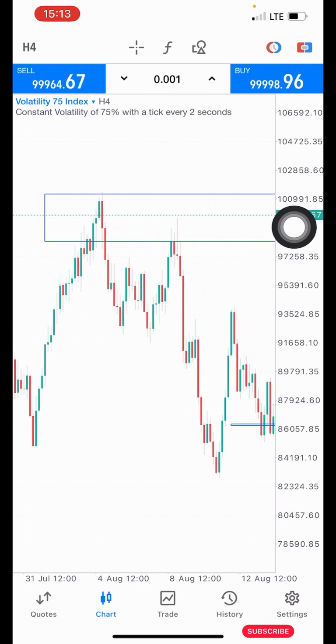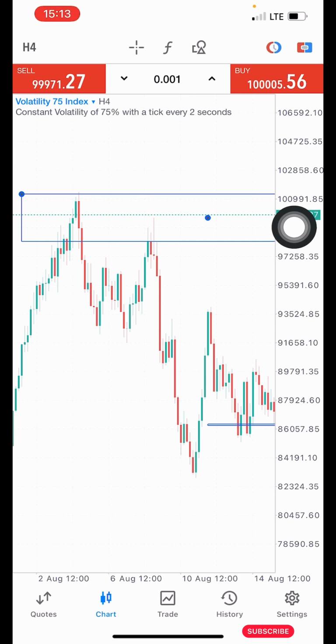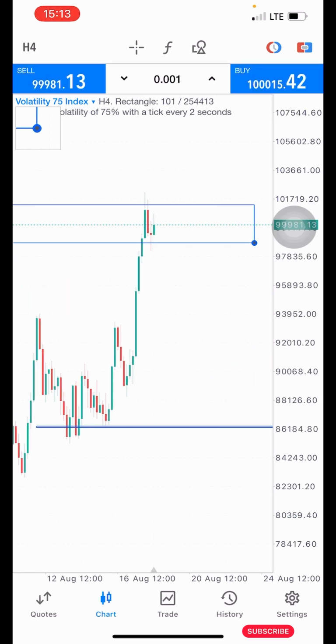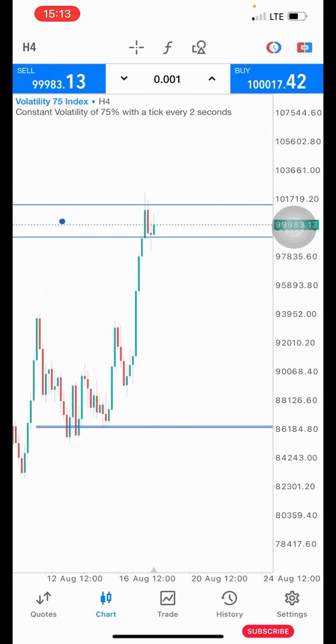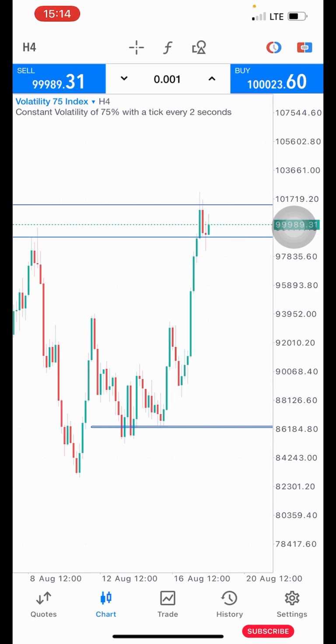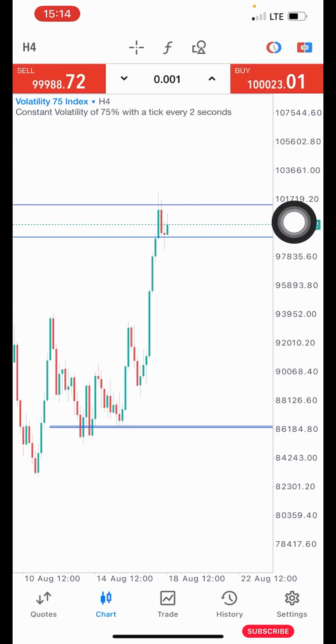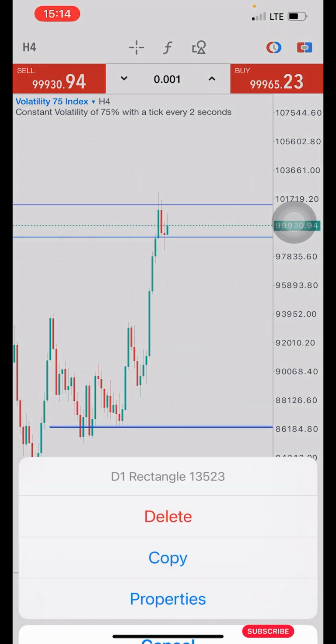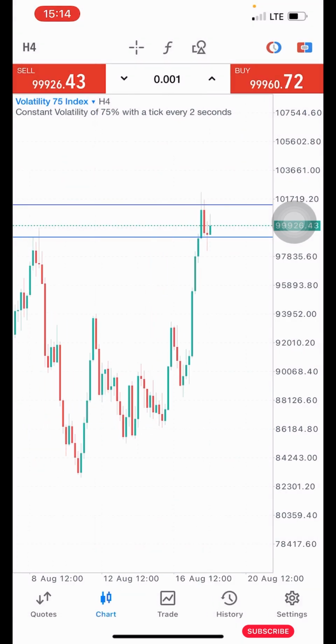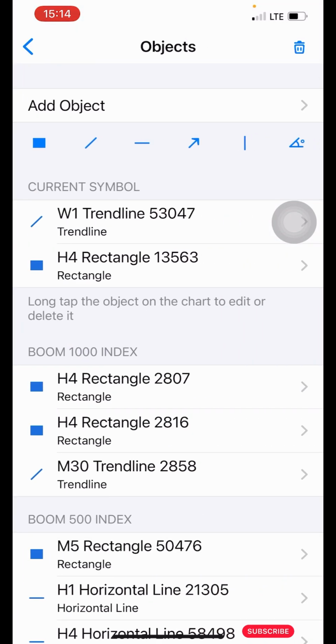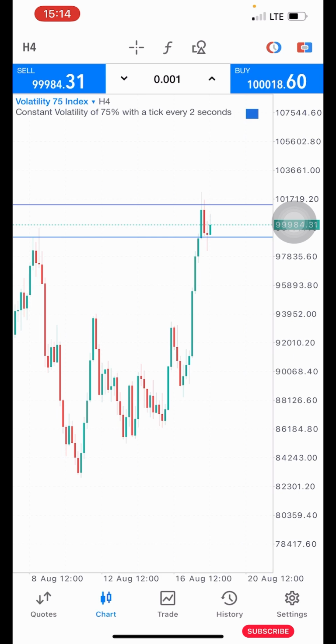So this is what's happening if you analyze based on support and resistance. I'm using only support and resistance here to do this analysis. Before we go down to the 1 hour time frame, let me mark this area properly. There is also a support and resistance zone here.